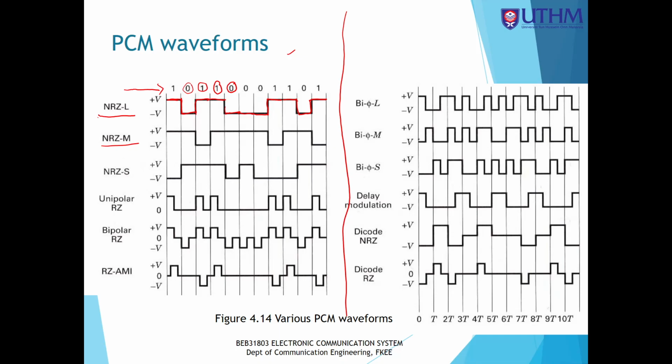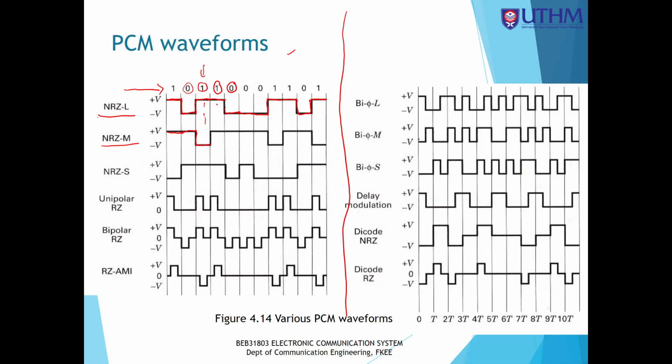For example, the first one is input logic 1, then the next is input logic 0, so no change. Remember, changes only happen when the input is logic 1. Then the third input is logic 1, so the output changes polarity from positive to negative.